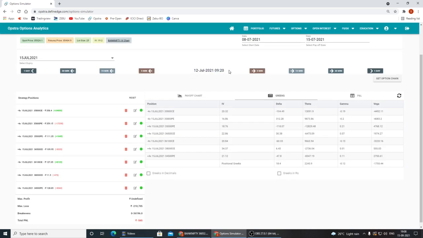So 12th July, 9:20. Bank Nifty 35,324 is moving higher. Go further. 35,300. We are in profit of 760. 35,375.